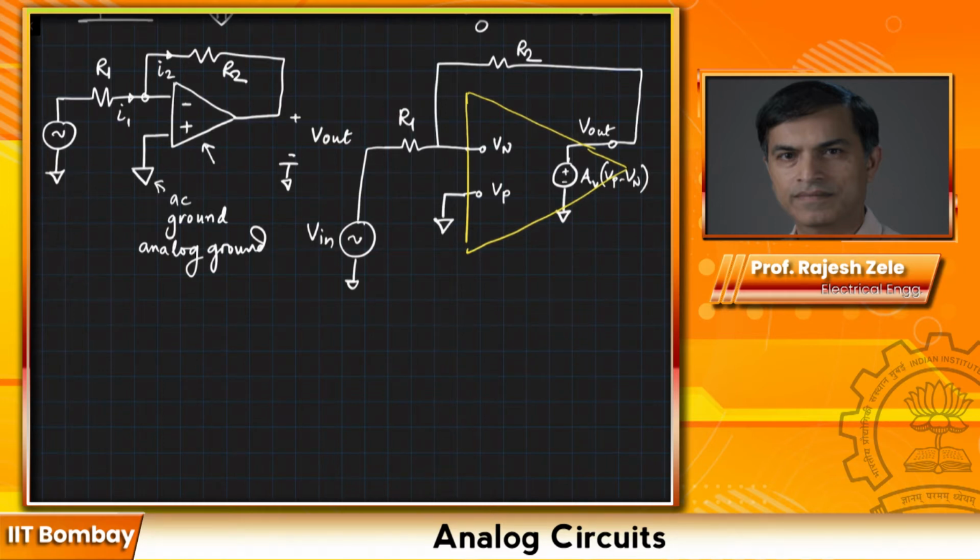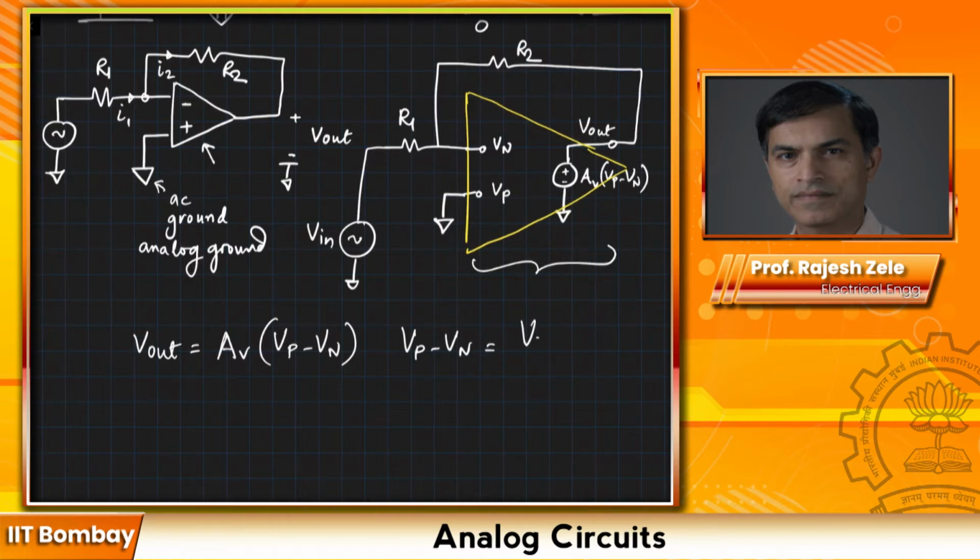Now, as already given by this expression, we know that output Vout is equal to Av times (Vp minus Vn). Okay, so Vp minus Vn is equal to Vout divided by Av. Now, what is the property I taught you for the ideal operational amplifier? We say that Av is very large, okay?